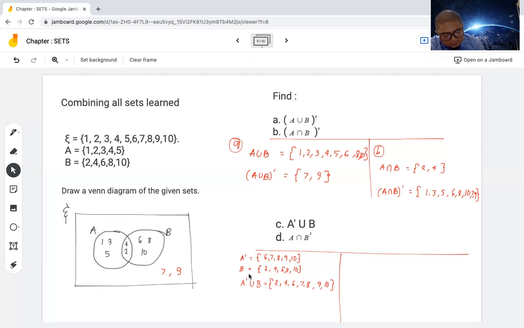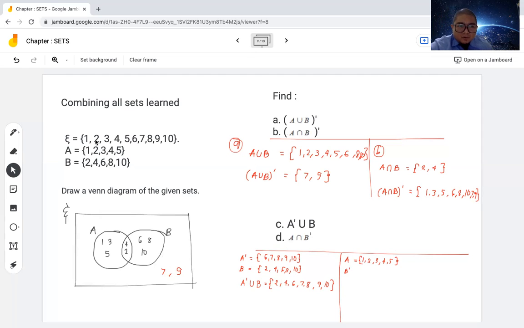Okay, so the next one is A intersect B prime, or A intersect the complement of B. So what I'm going to do is write the elements of A: 1, 2, 3, 4, 5, and then put a bracket. And then B prime. If I look at B, this is a set of even numbers, 2, 4, 6, 8, 10.